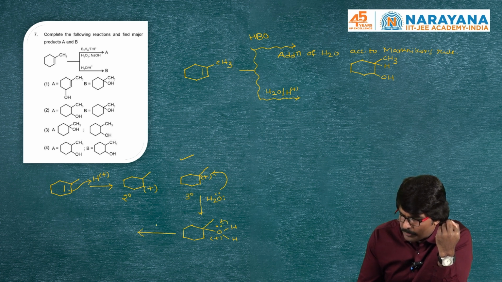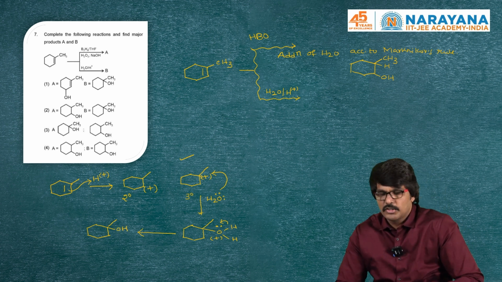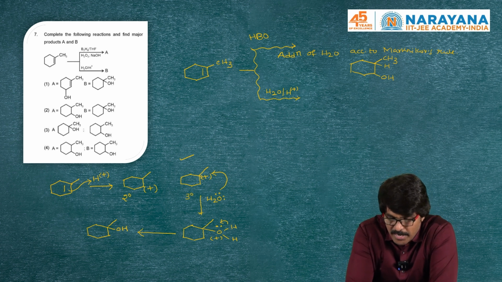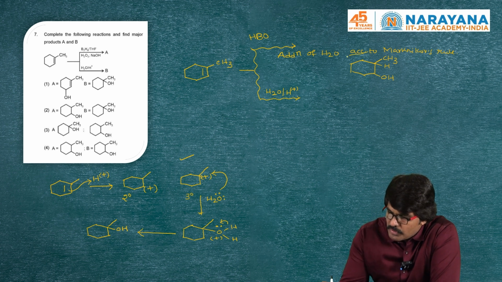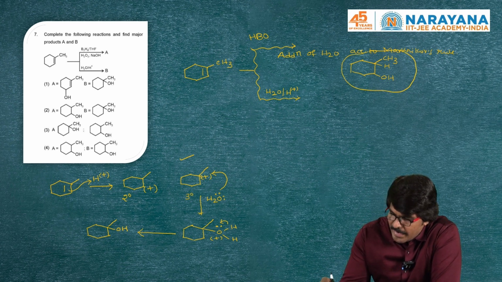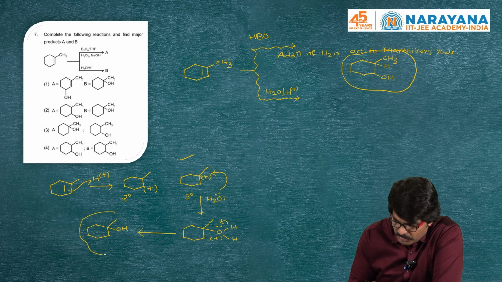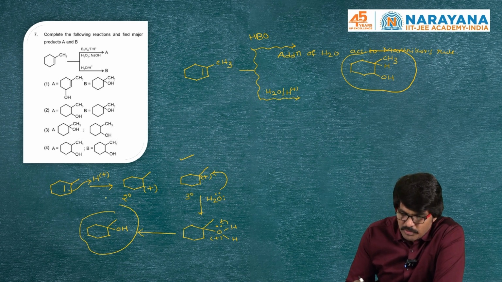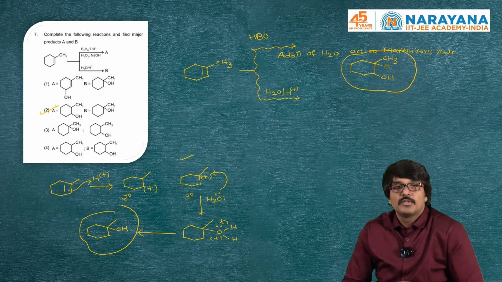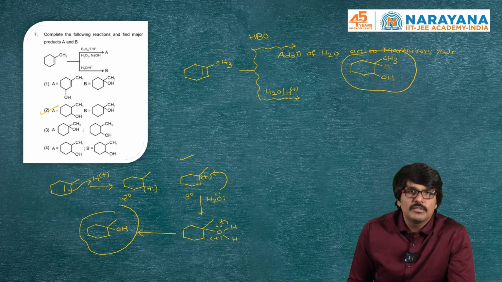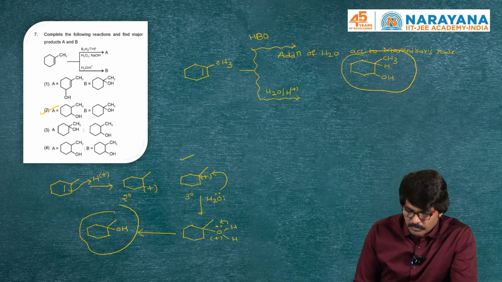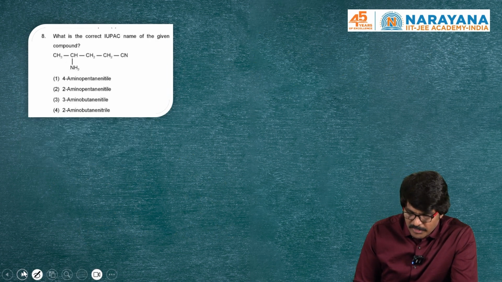Whatever H plus was consumed in the first step comes out in the last step, therefore we say it is acid catalyzed hydration. And here he is asking A and B respectively. So this is your answer A, and this is the major product, that is B. So obviously the answer to the question will be the second option. This is electrophilic addition. Net reaction is addition of water. Let us move on to the next question.